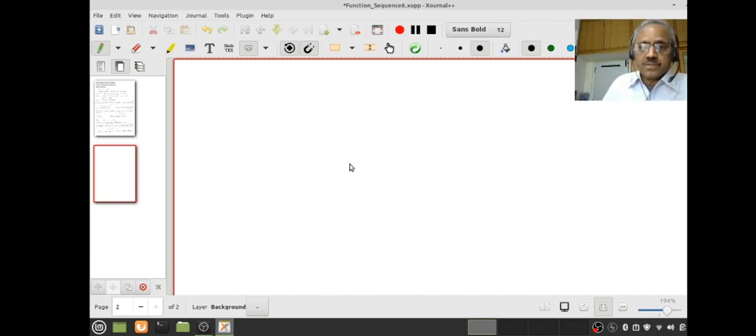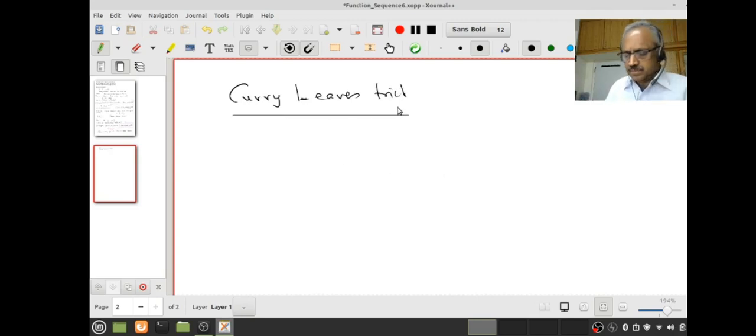So as I said, the proof which I want to use, the trick, is what I call the curry-leaf trick. What does it say? This trick is my fancy way of saying the triangle inequality.